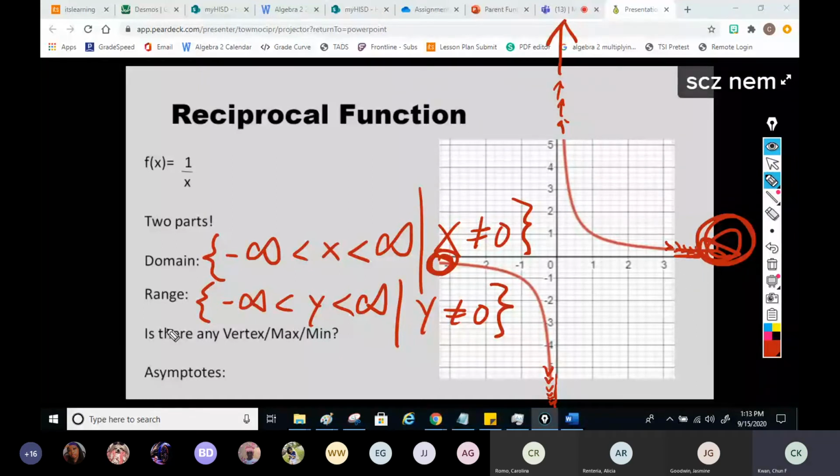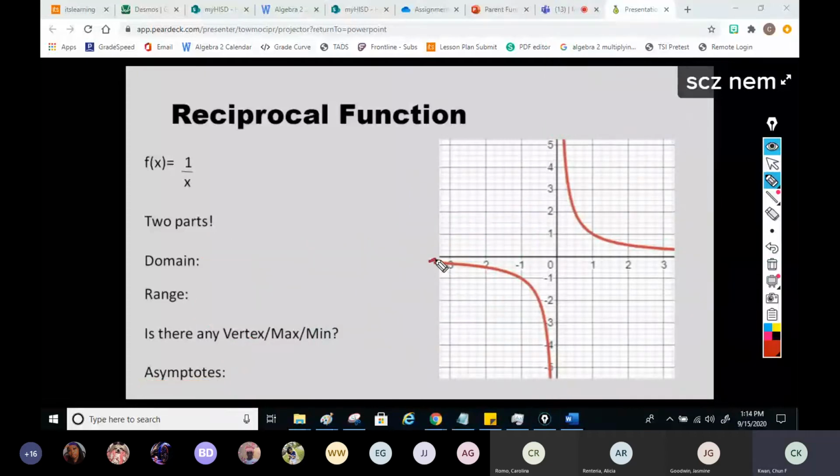All right, is there any vertex? Nope. And then asymptote. Asymptote basically means whenever the graph is approaching a line, but it never touches that line. So for example, you're going closer to 0, closer to 0, closer to 0, but it will never touch the axis right here.